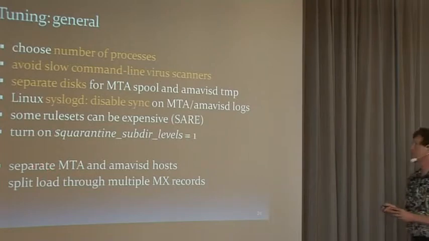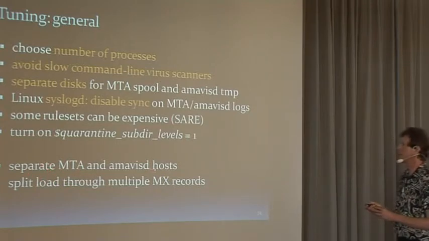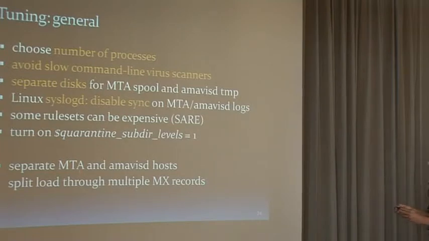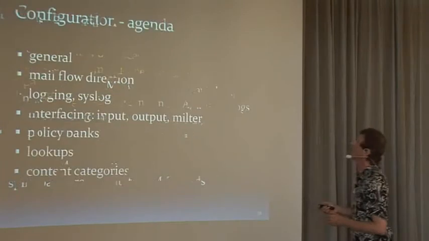And pushing this further on, you can separate MTA and Amavisd and put them each on a different host. And of course, you can have several mailers, each with its MX record and so on.